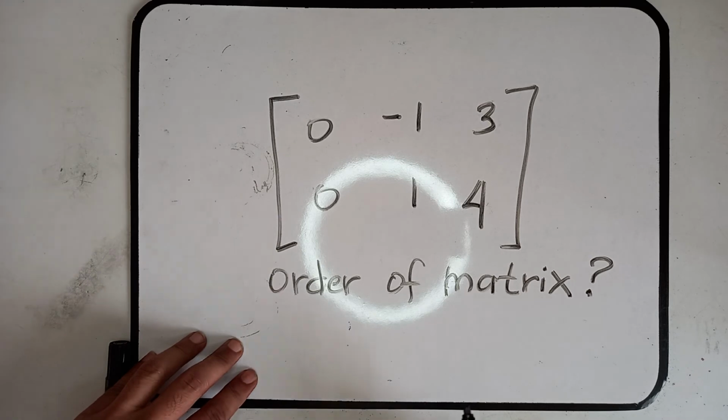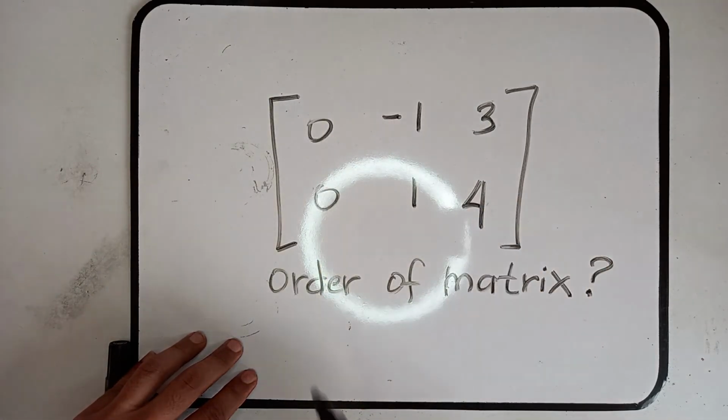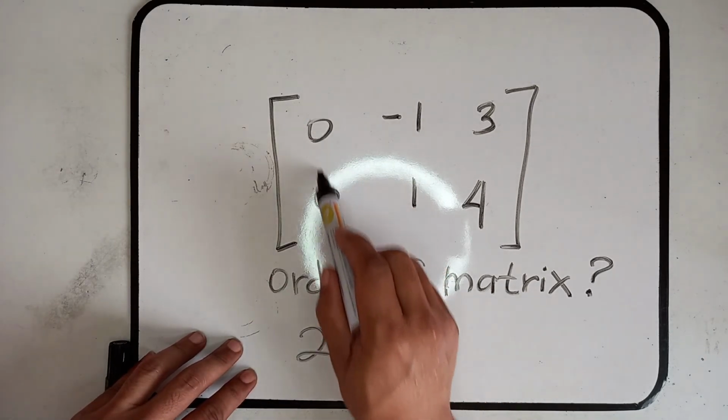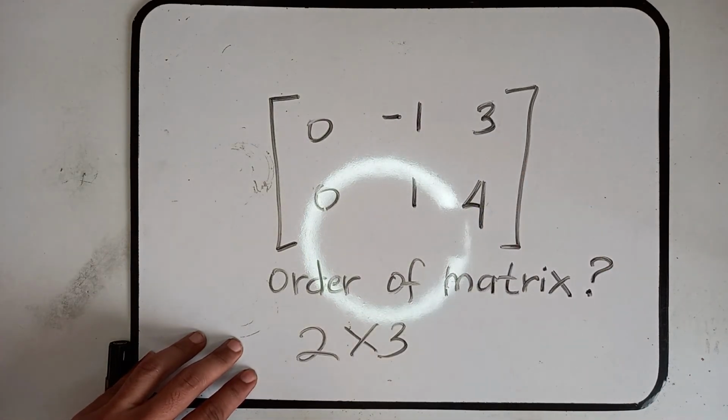So let's just count how many rows we have. 1, 2. So we have 2 rows. And then how many columns we have? 1, 2, 3. So we have 3 columns. So the order of matrix is 2 by 3.